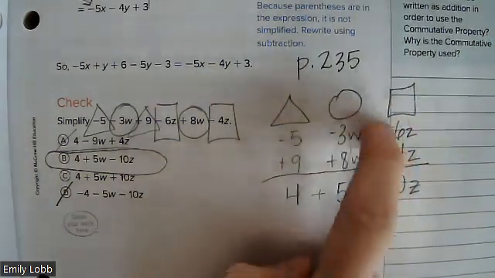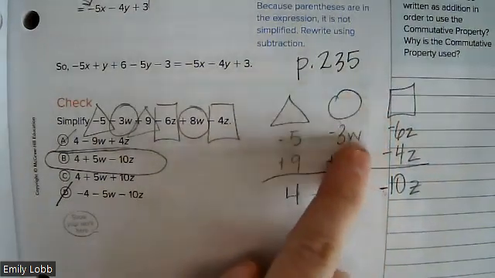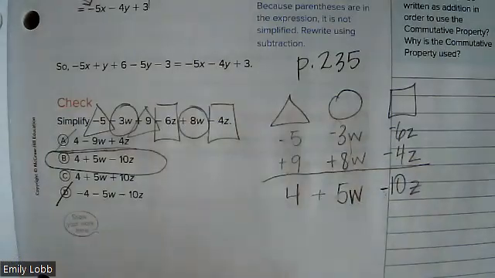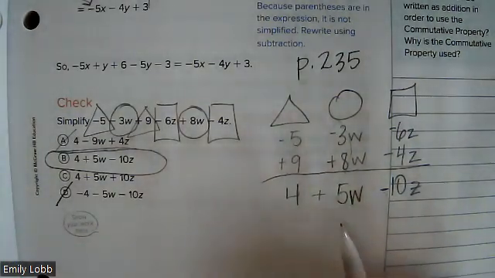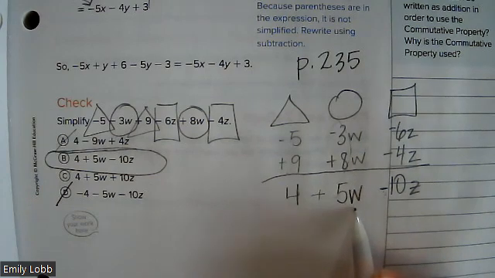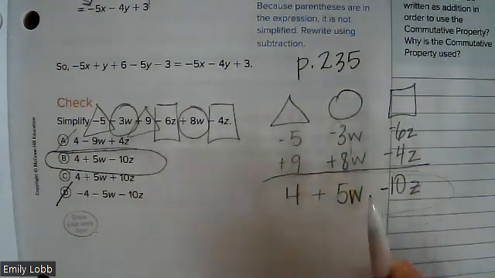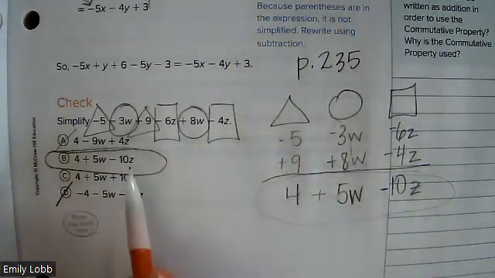We combined our coefficients. So -6 and -4, since our signs were the same, gets more negative. We didn't have anything in front of this 5w, but we knew it was positive, so we put a plus here because these unlike terms are still being combined.